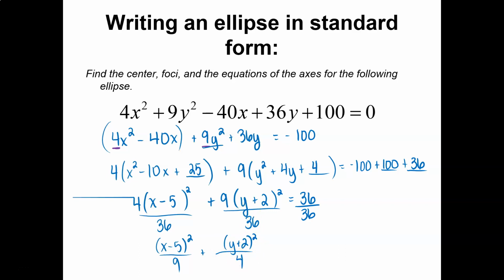So it doesn't always happen that the 4 and the 9 just switch places, kind of like the 4 went down here and the 9 went here. You're reducing is what you're doing. So here I was dividing by 4 to get a 1 over 9. Here I was dividing by 9 to get a 1 over 4 there. And this equals 1.